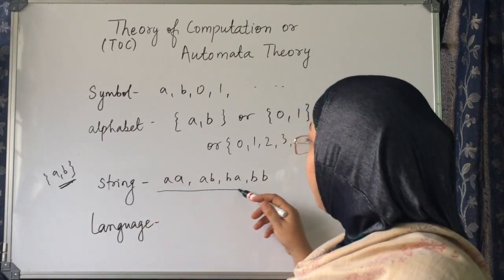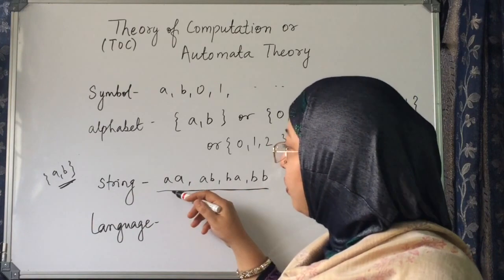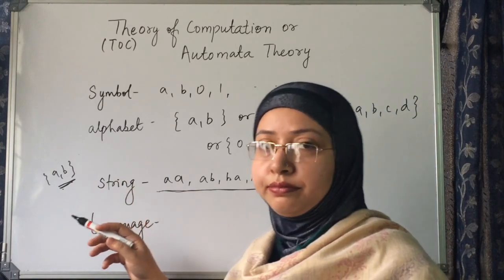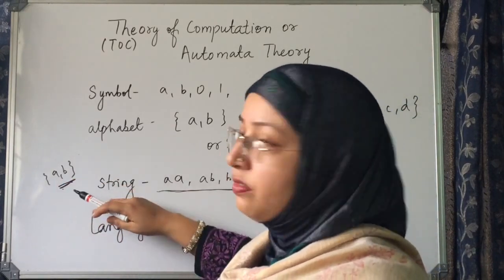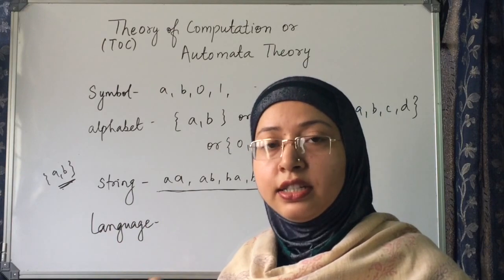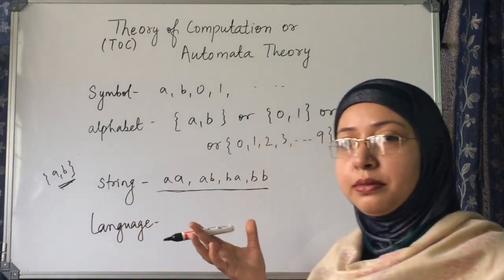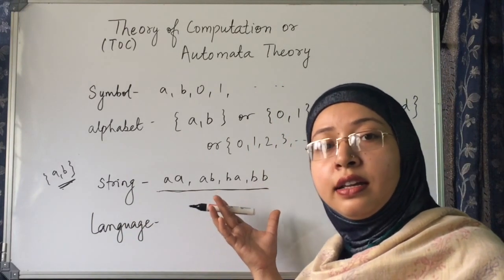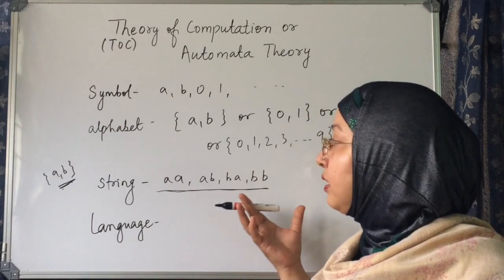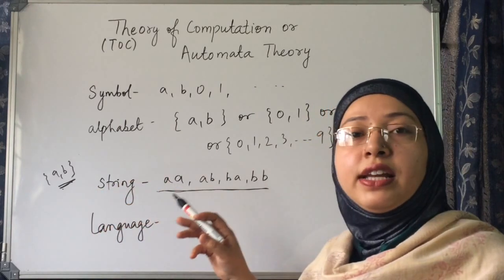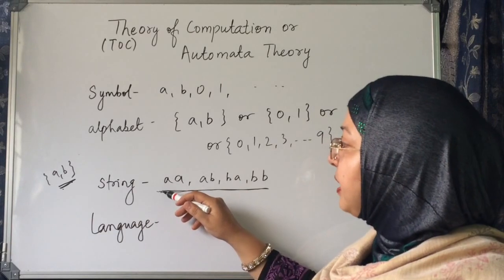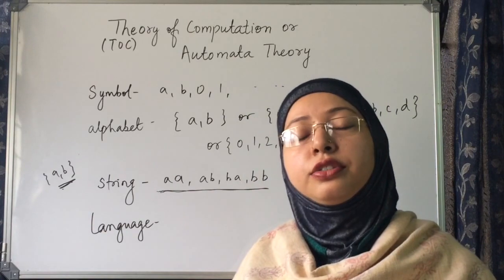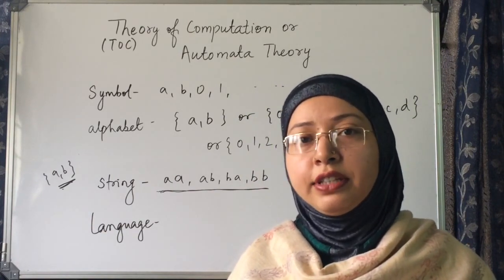I told you that you have to make a string of length 2 over the alphabet A, B. It is not necessary that this is the only string possible; these are the strings possible for the given example. I have not mentioned whether it should start with A or end with A, start with B or end with B.